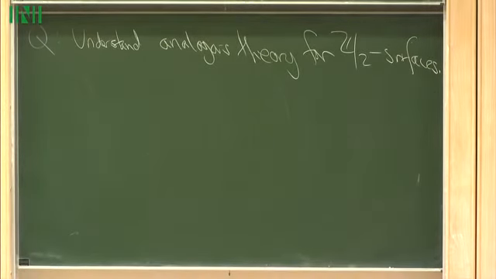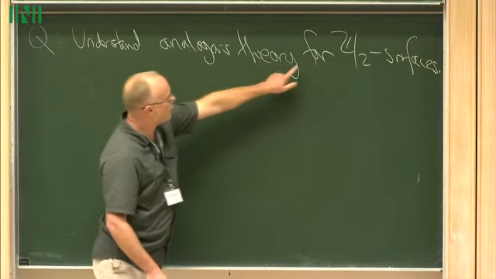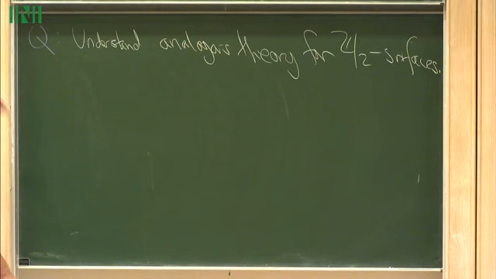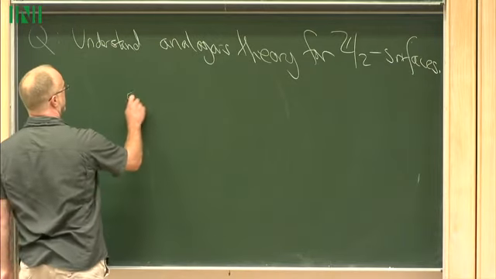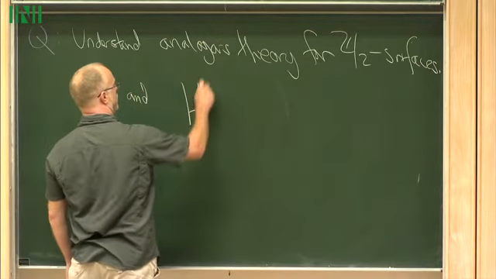Now, when I first started thinking about this, I was convinced everybody knows how to do this. This has got to be something completely classical and very easy to understand. Oh, and I should say, what do I mean by this? So I mean, first of all, write down all the possible surfaces with involution on them, up to isomorphism. And for this, I want to use the Bredon cohomology.